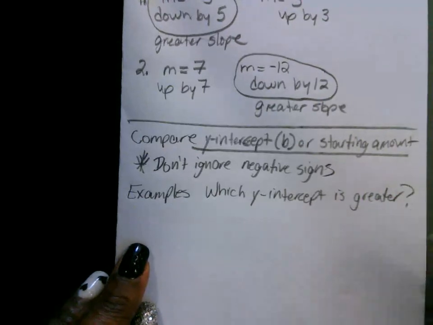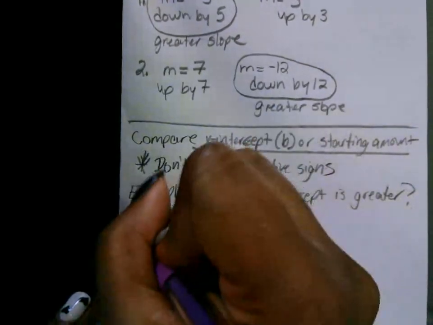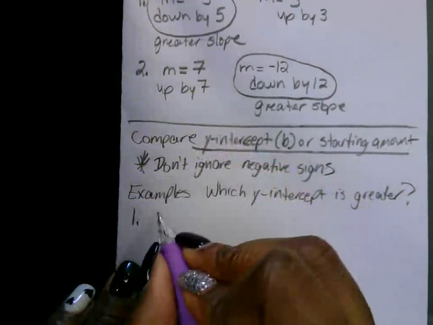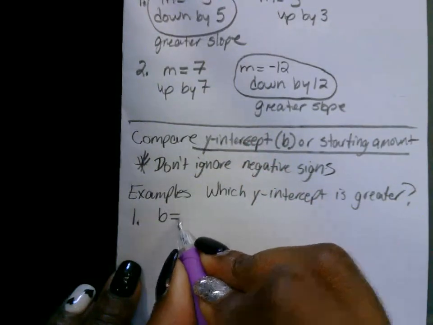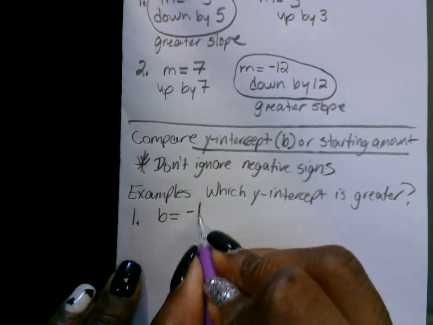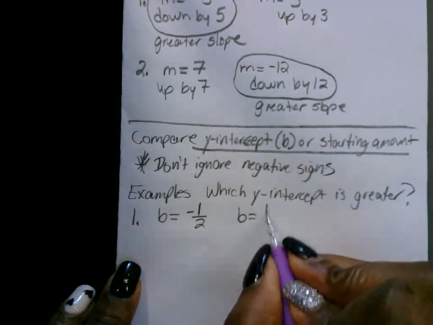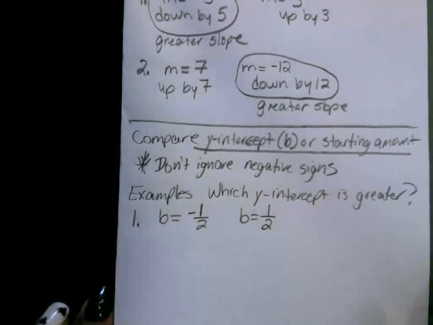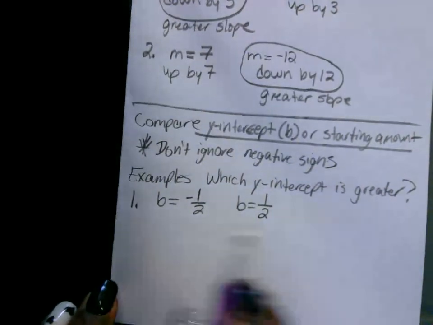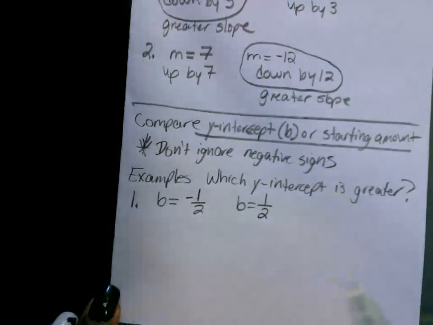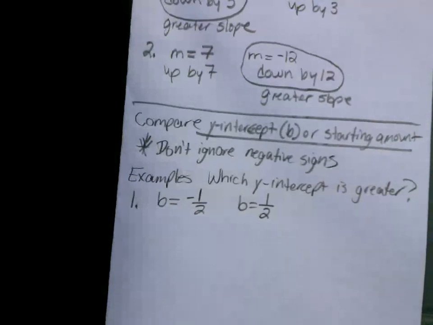Okay, so let's do this one. If the y-intercept for the first function is a negative 1/2, and the y-intercept for the second function is a positive 1/2, which one of these y-intercepts or starting amounts is going to be greater? You circle the one you think is greater. I'm going to pause for the calls, okay?